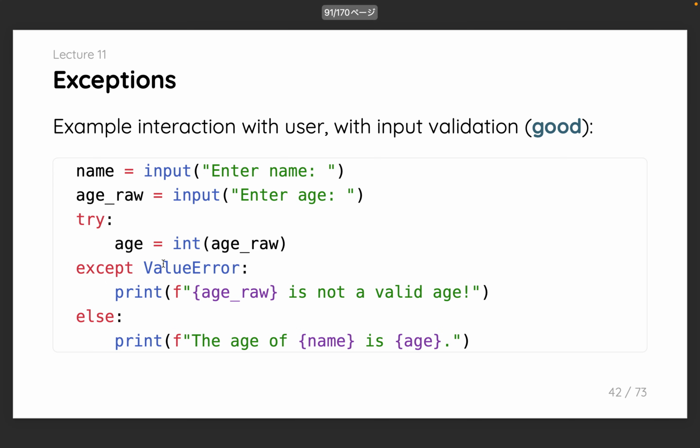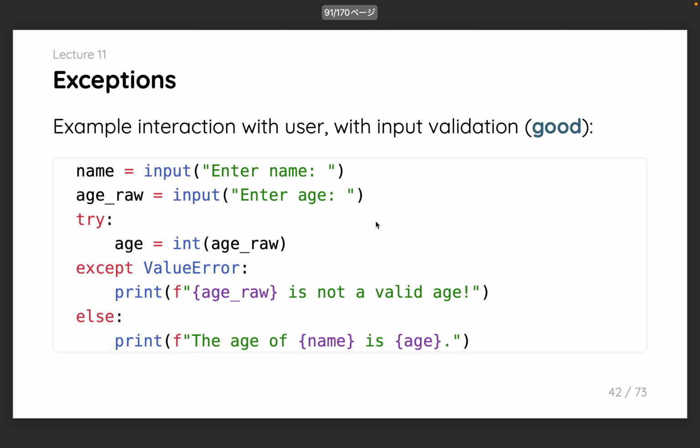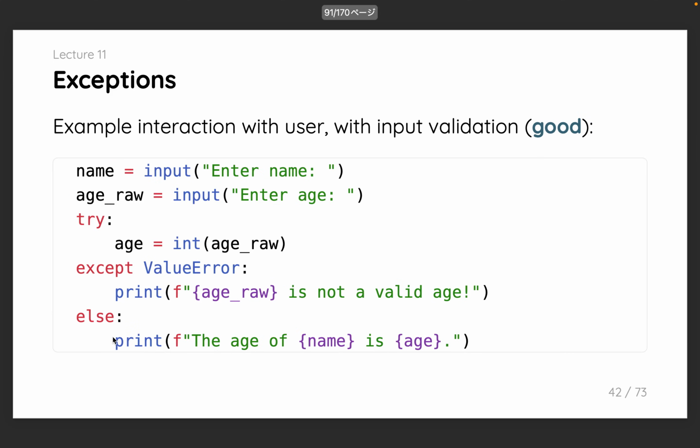These parts are now separate. The input age is here now, and the printing of the illegal age is now here. And the printing of the legal age is in the else block. So again, try to isolate the part that can raise an exception as much as possible.